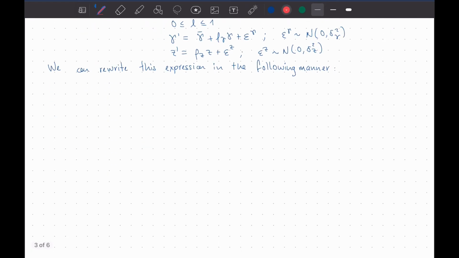Taking the recursive form, let's put it this way: x equals K, y equals the optimal rule of capital K prime, and X is the convex set where the capital should live, so K max.